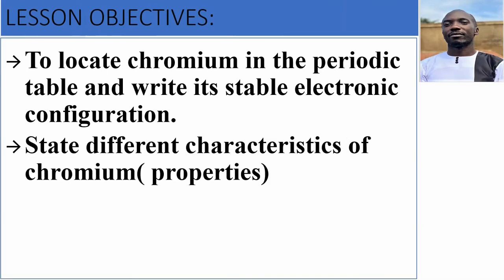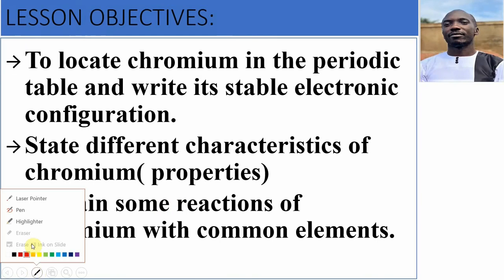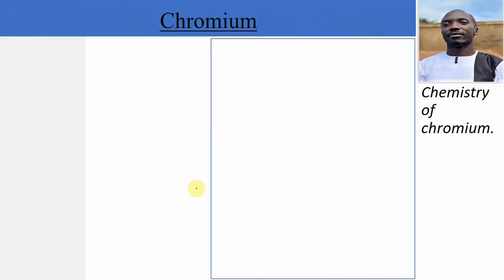We should also be able to state different properties of chromium, or what we can call characteristics, and also be able to explain some reactions of chromium with common elements. When we talk of common elements, we mean halogens, that is chlorine, and maybe oxygen in air, and so on. So let's go deep into the details.